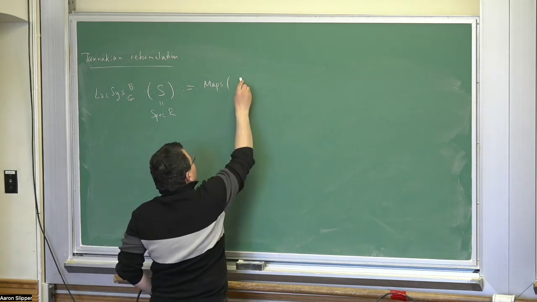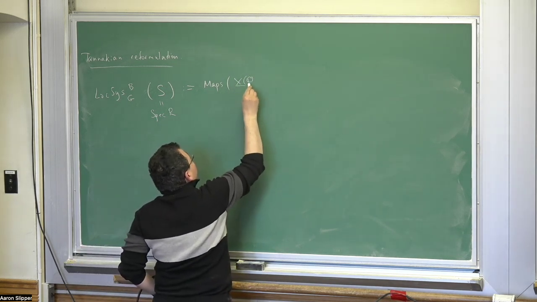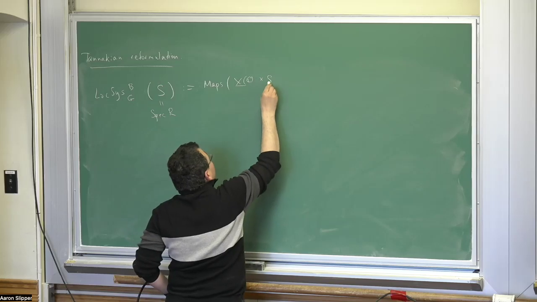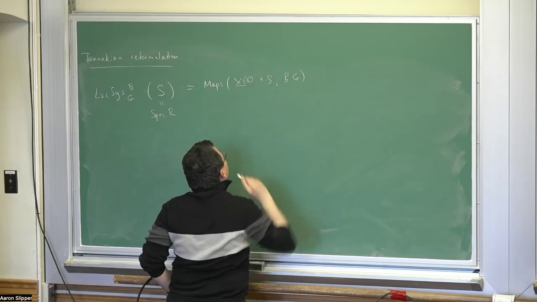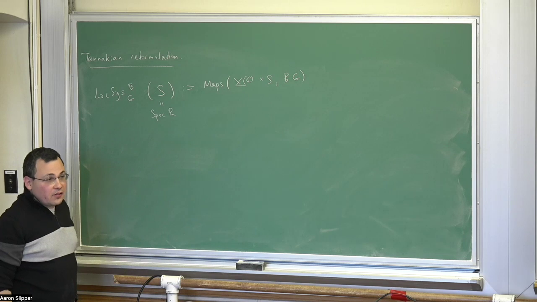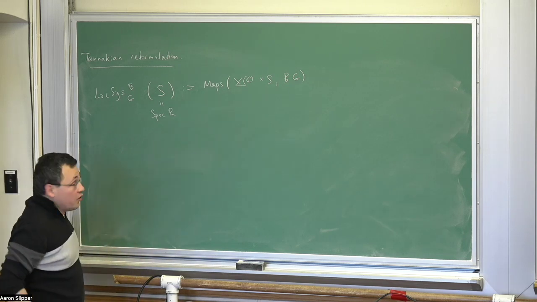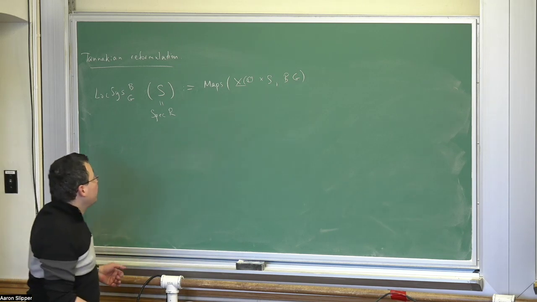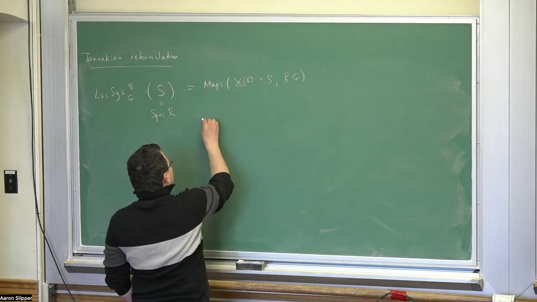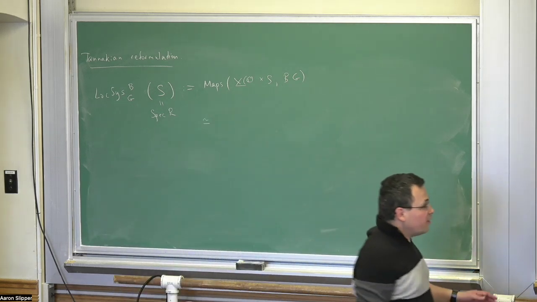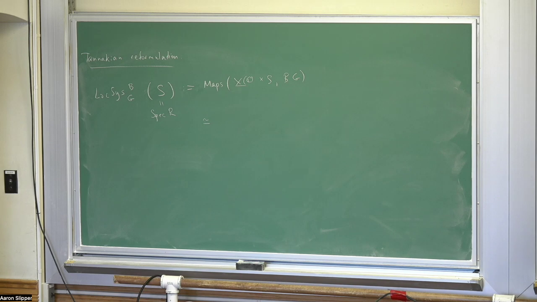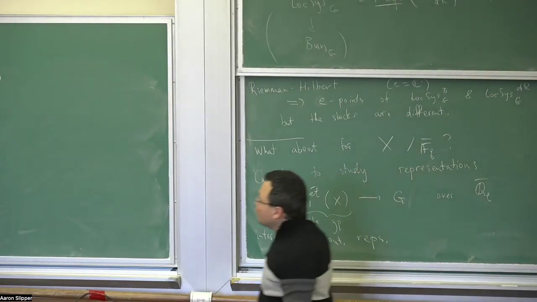So I take this homotopy type X of C, I multiply that by S, and map that to BG. That's the definition of the mapping stack. And now I can apply this, which is why I wanted this pre-stack to be arbitrary. So I can apply it to things like this.